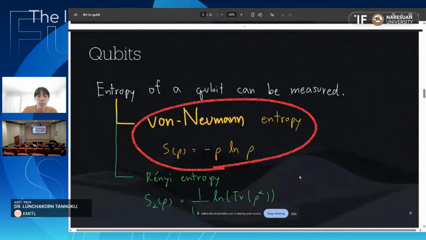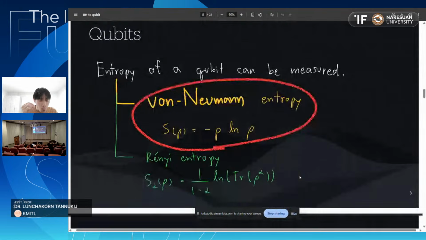Once you can specify your quantum bits or quantum states, then you can find its entropy. Now, we have many kinds of entropies from the quantum information point of view. The most basic one is the von Neumann entropy, which is given by this expression here. You take the matrix logarithm of the density matrix, multiply it by the density matrix again, and then you get the entropy.